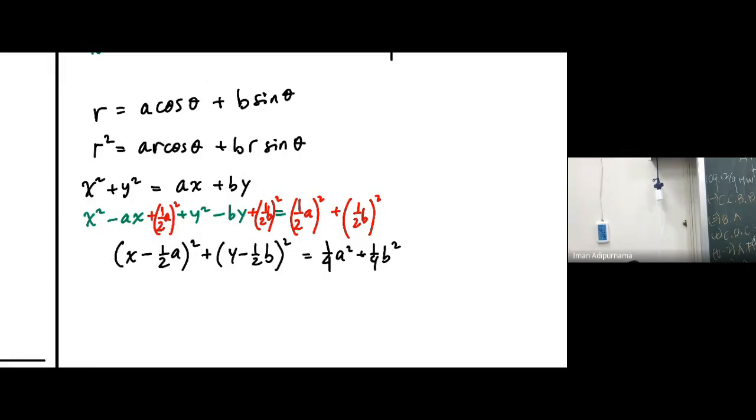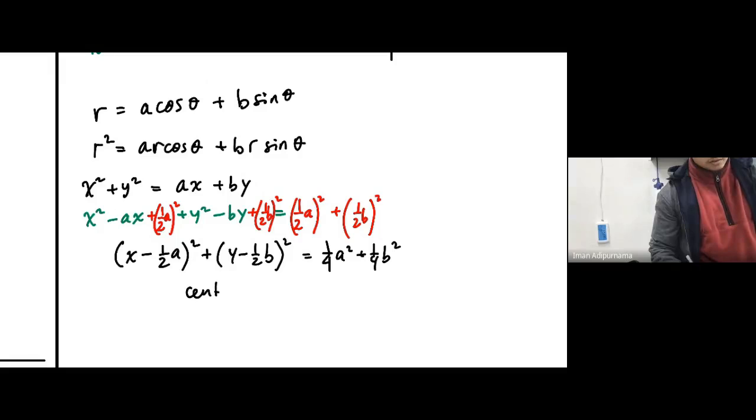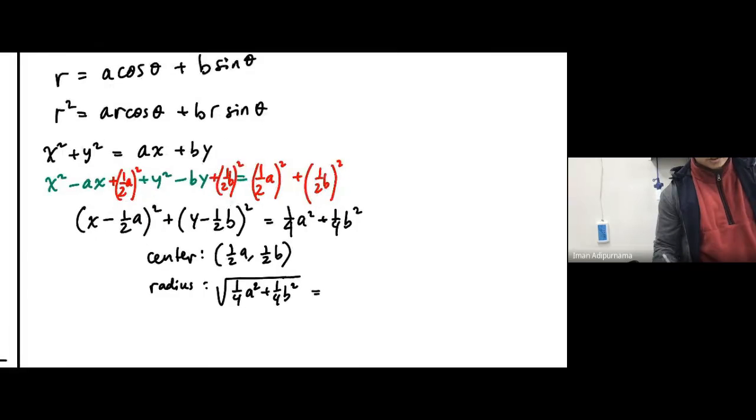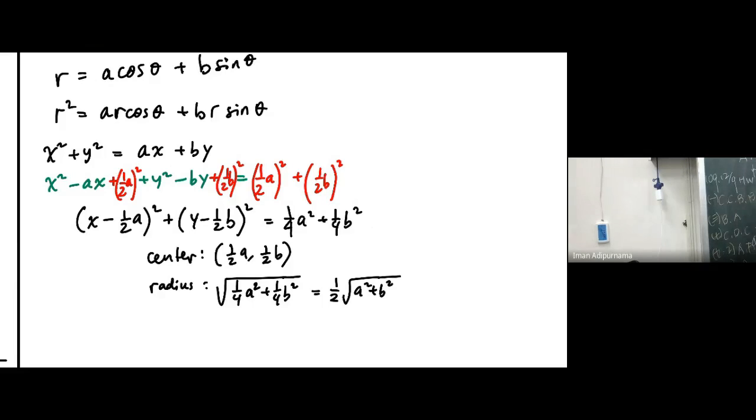So the center of the circle is half a, half b. The center is not at 0, 0. And the radius is the square root of this, or you can solve it maybe this way, either this or this.